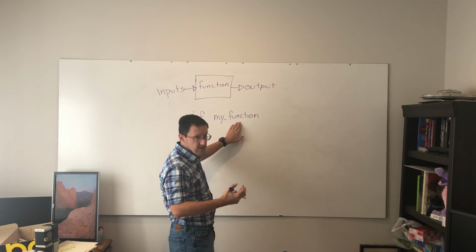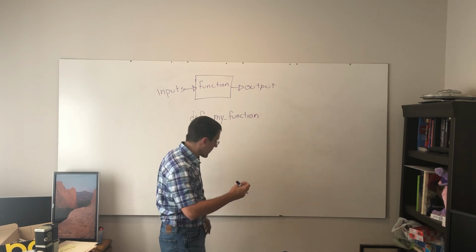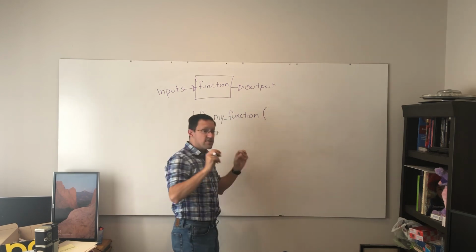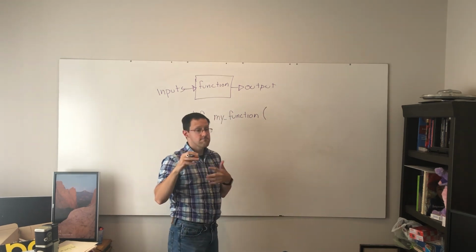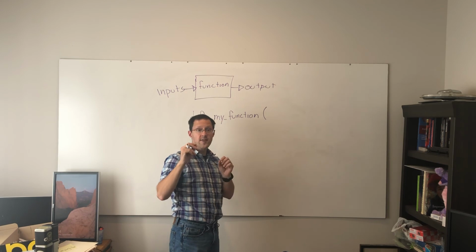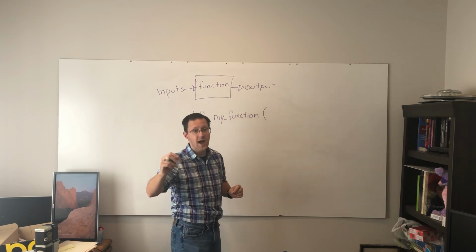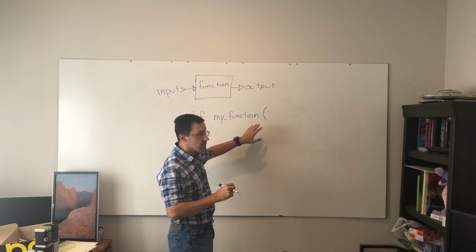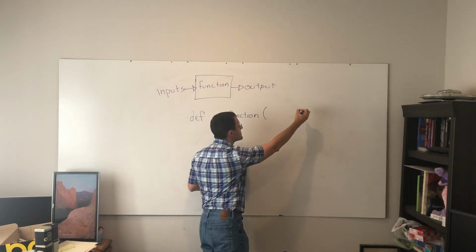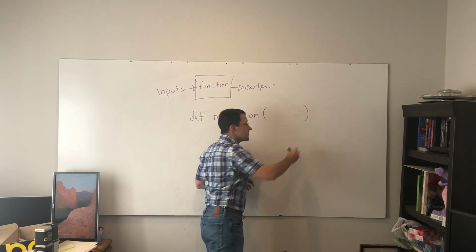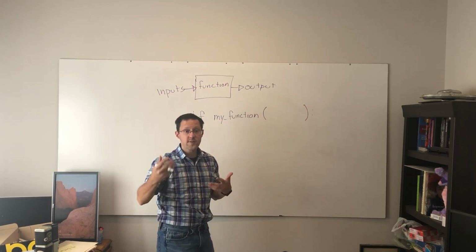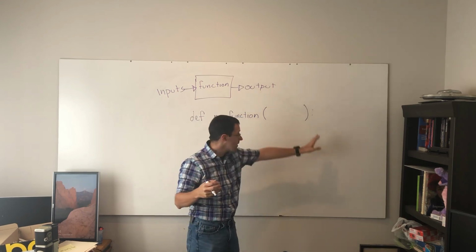So we have my function here that we're defining. The main distinction, and part of the syntax pattern for defining a function, is we always follow up with parentheses, and as with the if, the for, the while, we end with the colon.